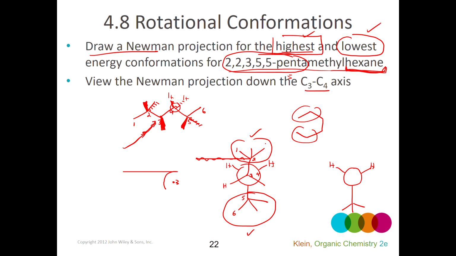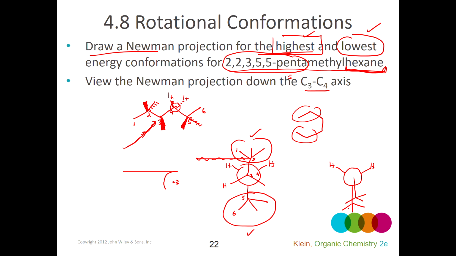So I'm going to have to rotate this front carbon a full 180 degrees so that this tert-butyl group is eclipsing the other tert-butyl group. So that means every one of these groups on the front carbon is going to rotate 180 degrees away from where it was. So the tert-butyl group will be pointing off the front carbon straight down.